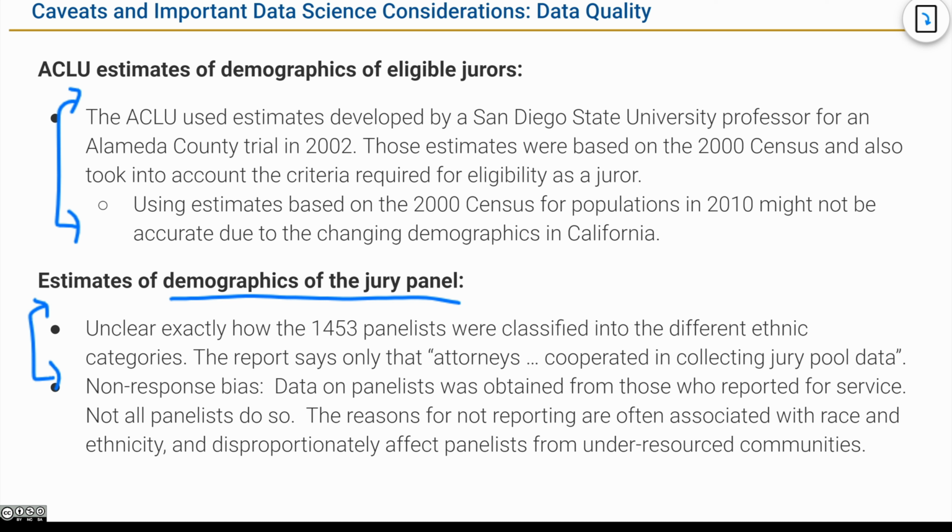So the ACLU did address some of these issues and gave some recommendations in their report, especially about following up with jurors that don't respond and trying to encourage compensation from employers and or the state for jury duty.